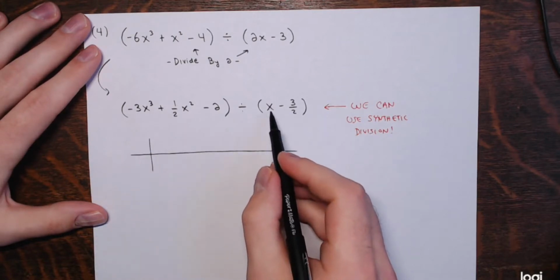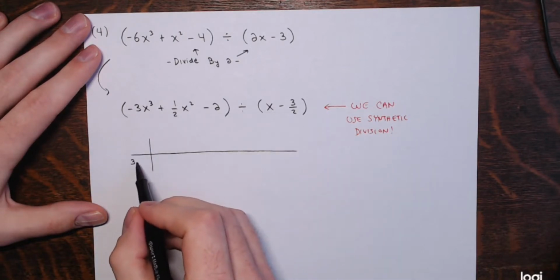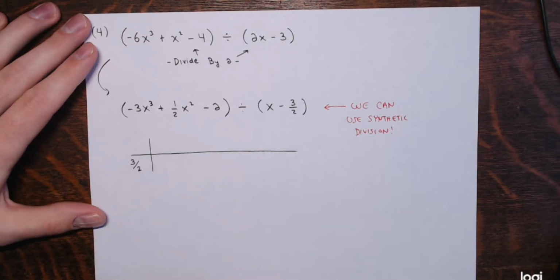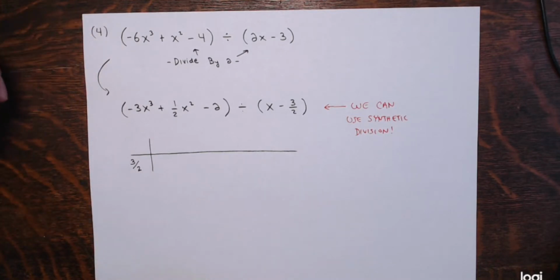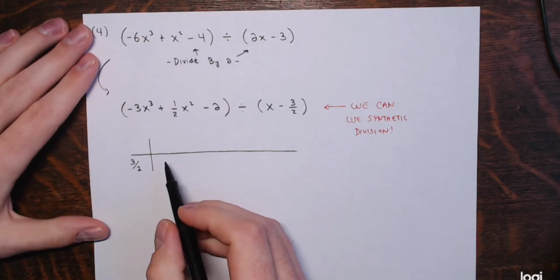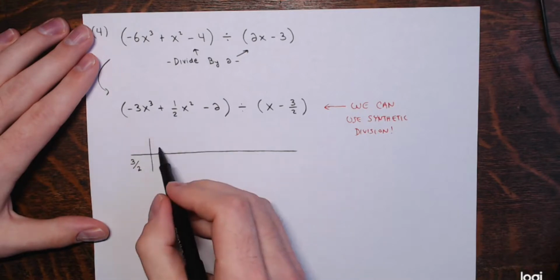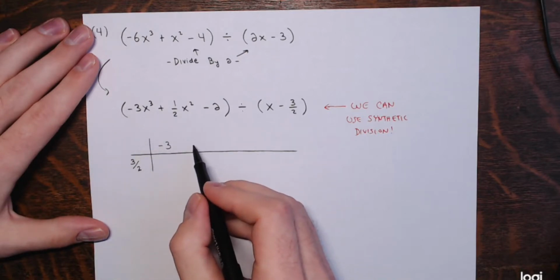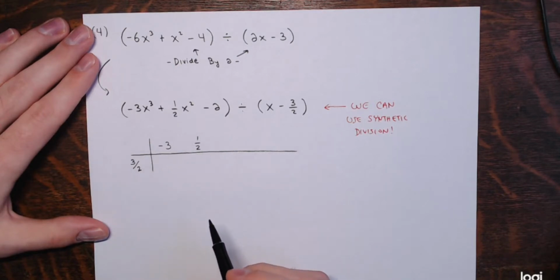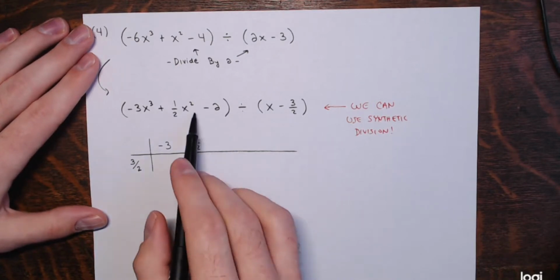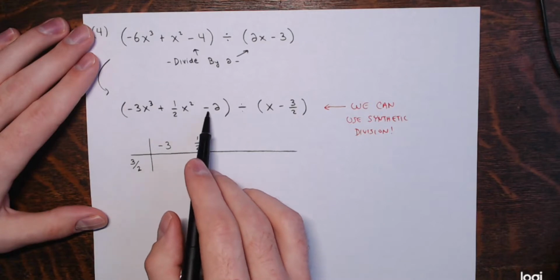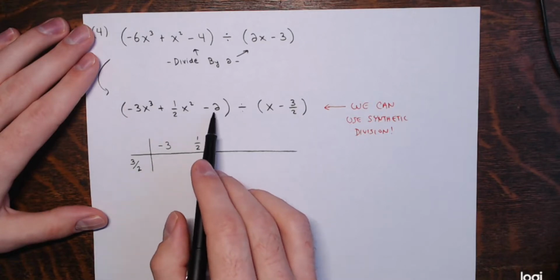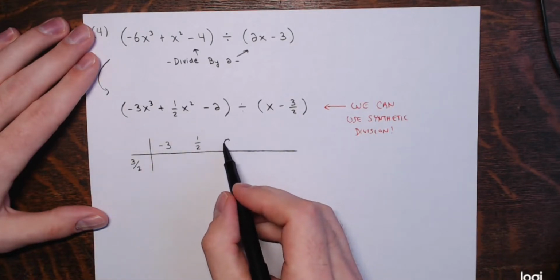All right, so with this now, I set up my synthetic division. So we got 3 halves, and then up top, coefficients here, -3 x cubed, positive 1/2 x squared. Now here's what I meant by don't forget any powers. You see how there's no x term? There's x squared, then there's a constant, so I'm going to put 0 for that.